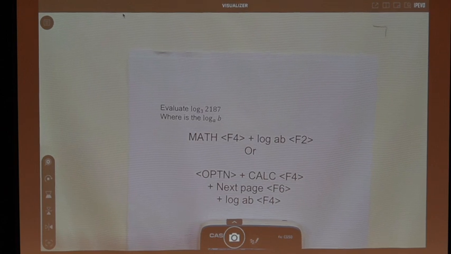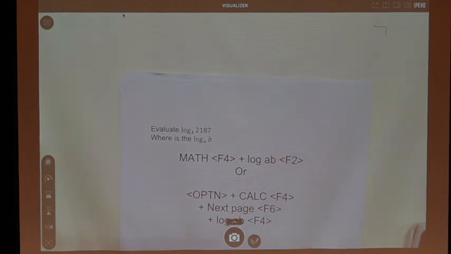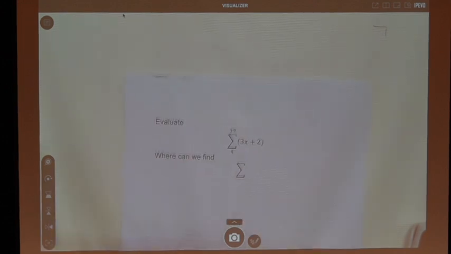Here's another treasure hunt. This is for summation. Girls, boys, people, everyone.